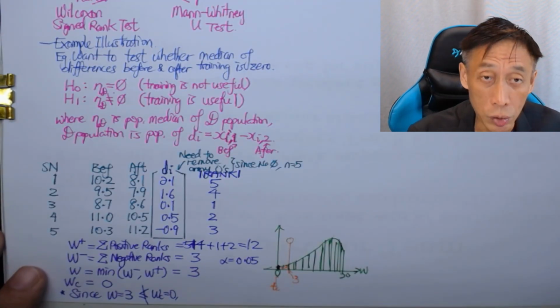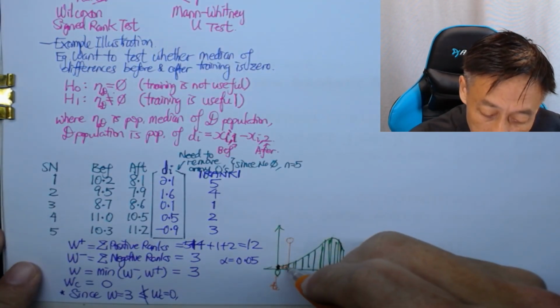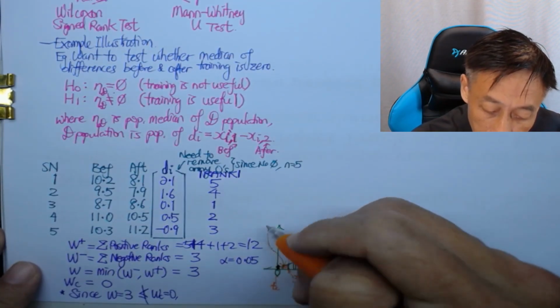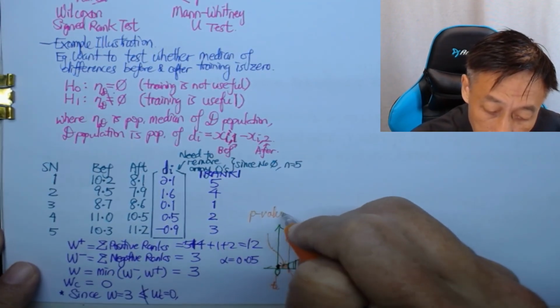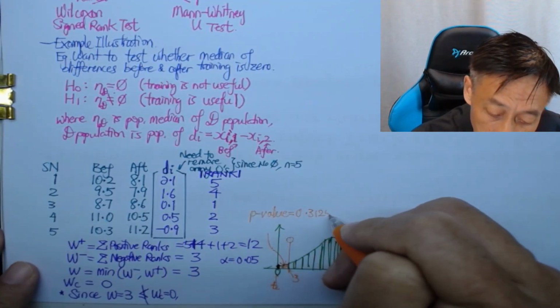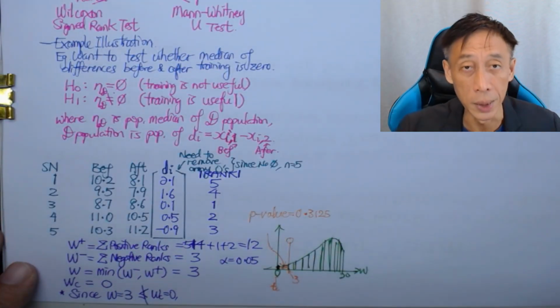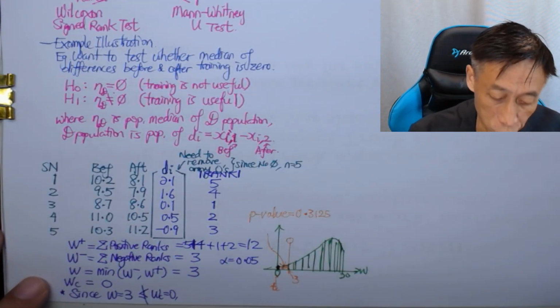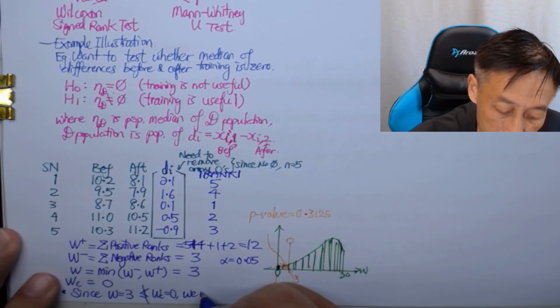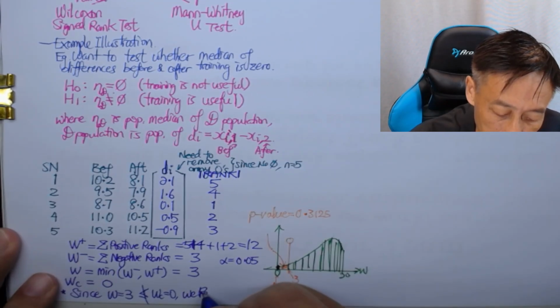I use Python and software to compute this part, the p-value. All right, I got 0.3125, and clearly it is bigger than 0.05, so we should reject. Same conclusion here, right? We reject, sorry, we do not, because only when it's smaller.